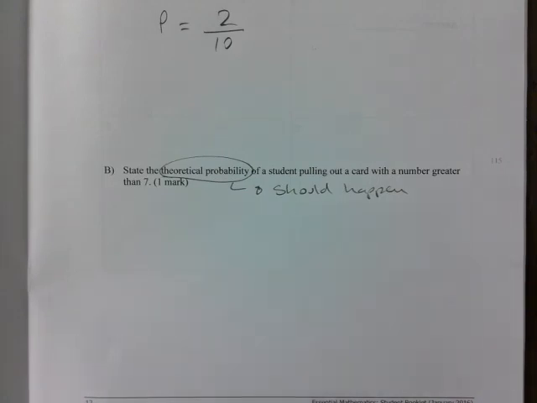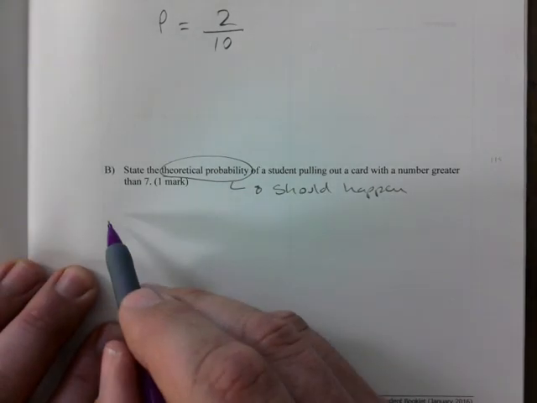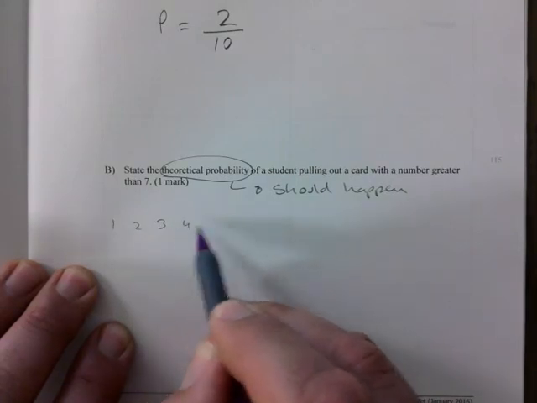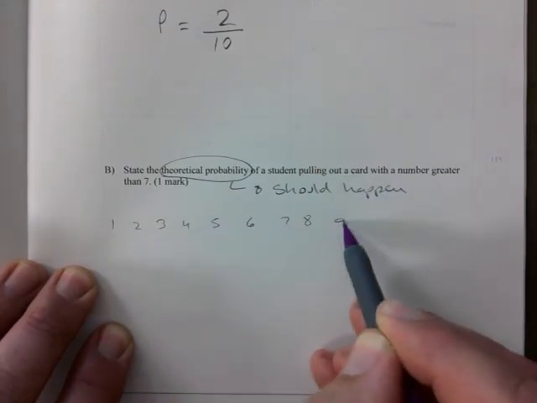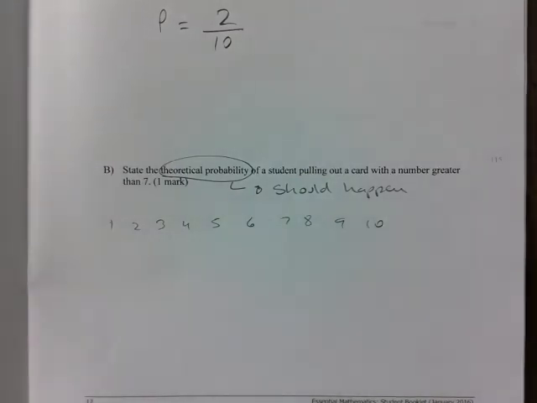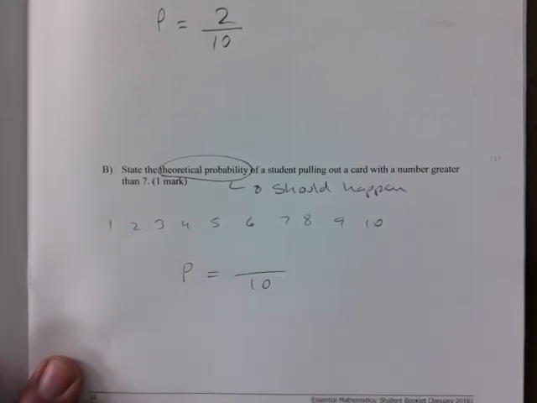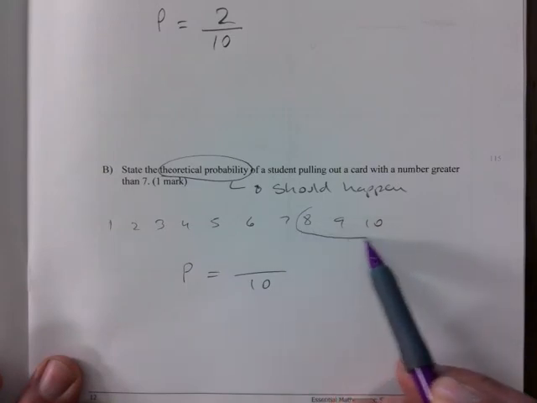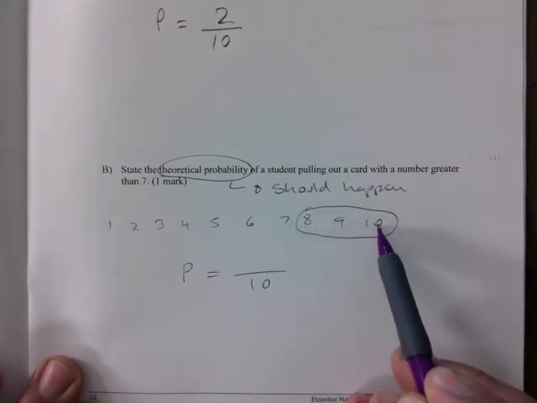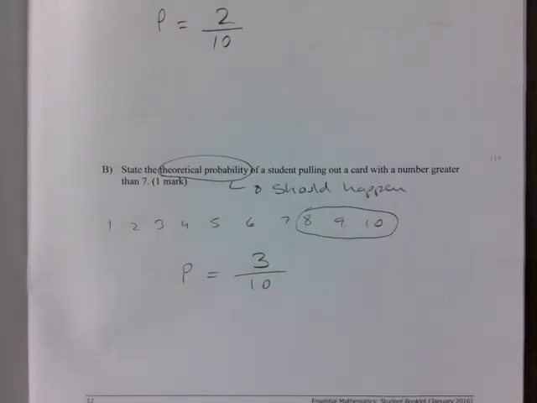What do you base it on? What you have available. What do you have available? 1, 2, 3, 4, 5, 6, 7, 8, 9, 10. Right? It says you have cards 1 to 10 lined up like that. So probability here would be still out of 10, but greater than 7, you've got 3 options there. So it'd be 3 out of 10.